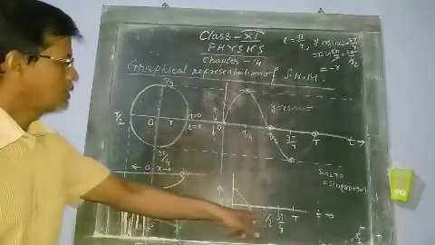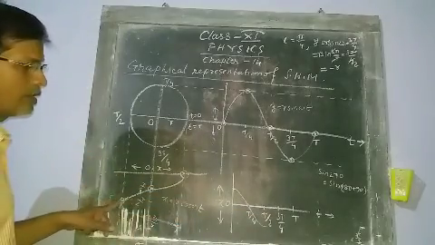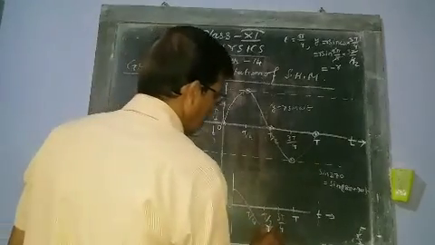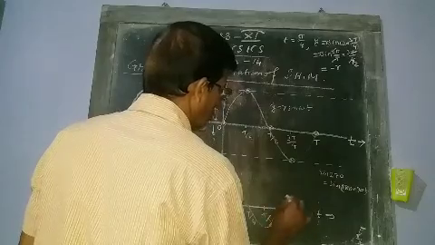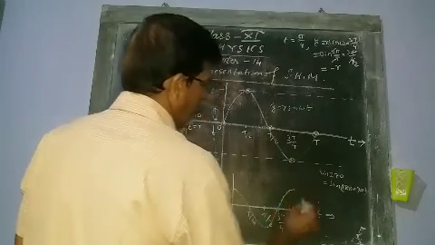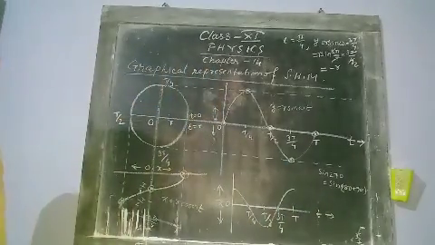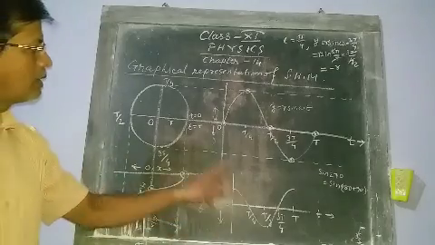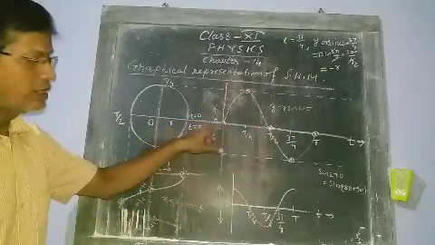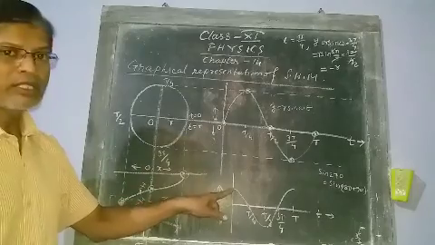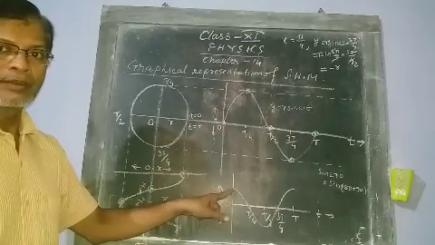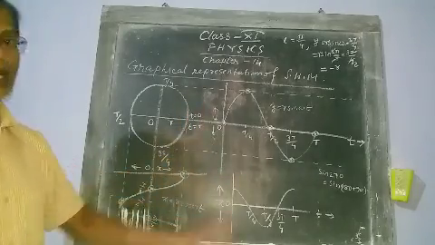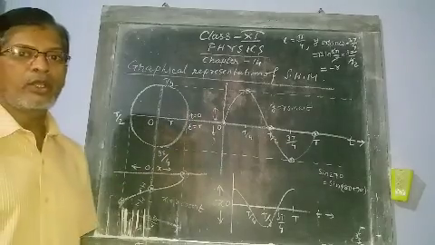At T by 2 it is minimum, then it will pass through this, and at T it will be this. Yes, this is the cos curve. The sine curve will start from origin, the cos curve starts from maximum. So this is the graphical representation of the sine curve and cos curve.